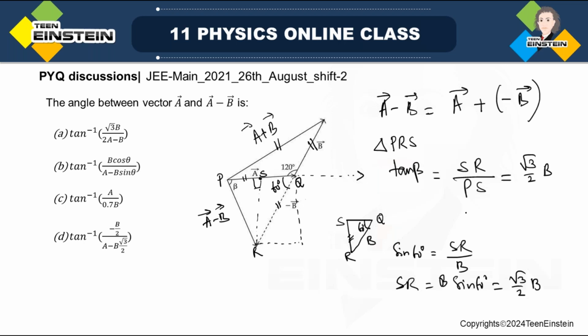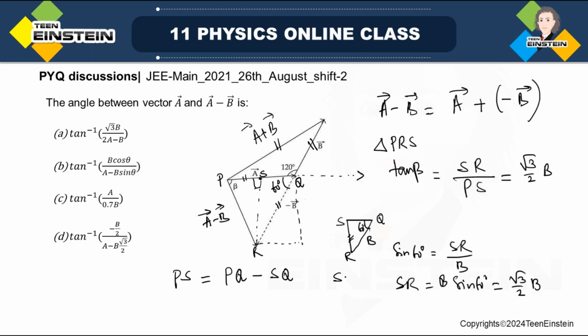What about PS? Now let us write what is PS. PS I can write as PQ minus SQ, isn't it? But what is this SQ again? SQ from this particular triangle. So this is base, this is hypotenuse.